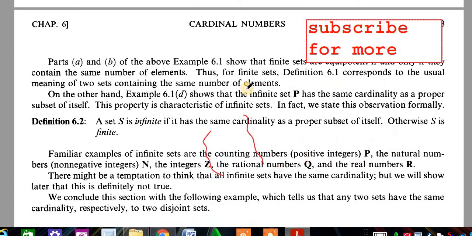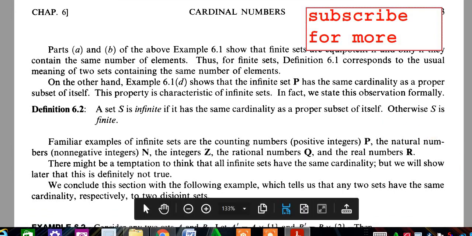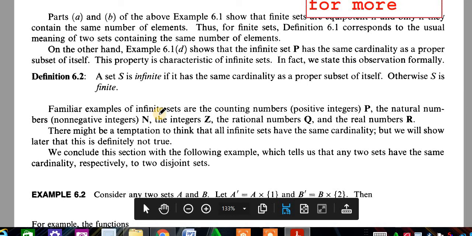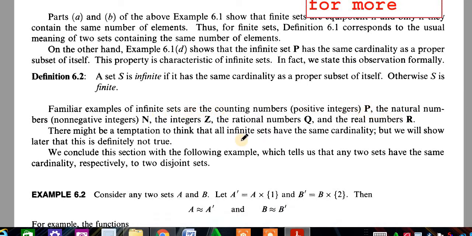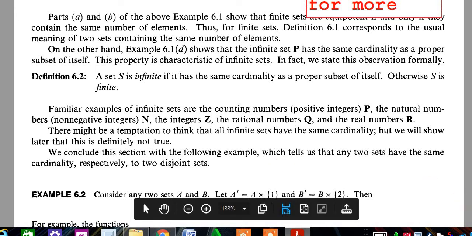So what is the definition of an infinite set? A set S is infinite if it has the same cardinality as a proper subset of itself, otherwise S is finite. We can also say that a set S is infinite if it has the cardinality of the set of natural numbers. So this is another definition of an infinite set. Familiar examples of infinite sets are prime numbers, natural numbers, the set of integers, the set of rational numbers, and the set of real numbers.